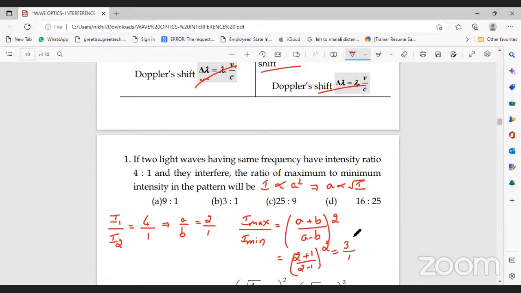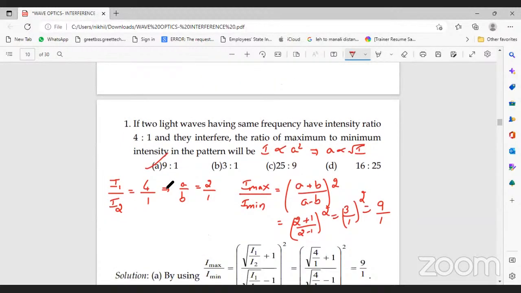That is 3/1 whole square. What is 3/1 whole square? 9:1. Good. So which is the right option? Option A, sir. 9:1.